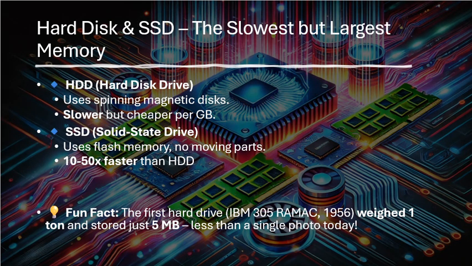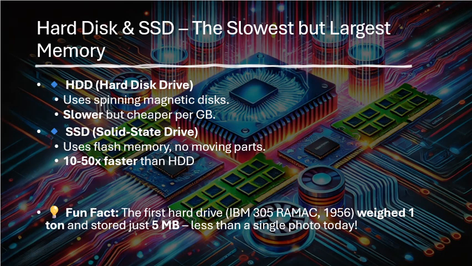When it comes to permanent storage for our photos, data, or videos in our mobile phones or computers, we have two main options: HDDs, hard disk drives, and SSDs, solid state drives. HDDs use spinning magnetic tracks. They are slower but cheaper compared to SSDs. SSDs use flash memory and have no moving parts, making them 10 to 50 times faster than HDDs.